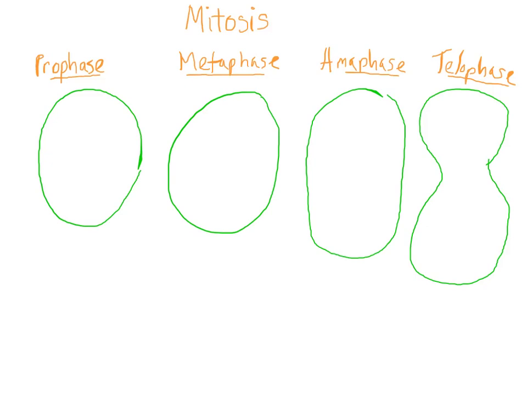If the nuclear membrane hadn't dissolved before, it's definitely dissolving now, and it will completely disappear by the end of prophase. The sister chromatids have finished condensing and would be very visible with the aid of a light microscope.